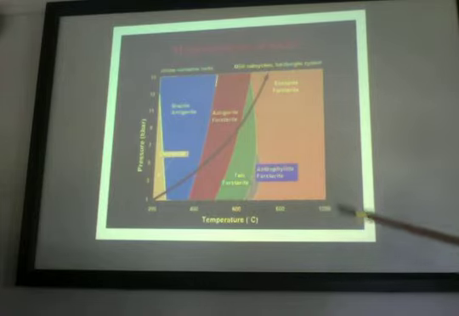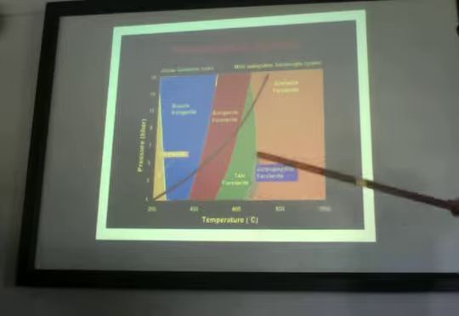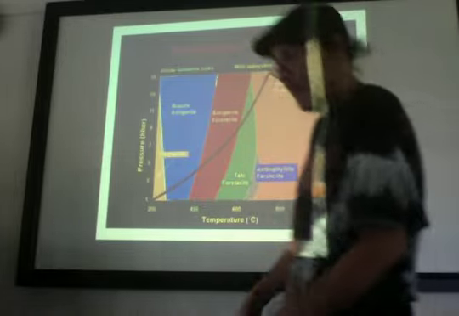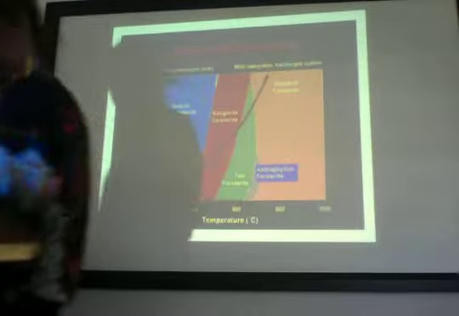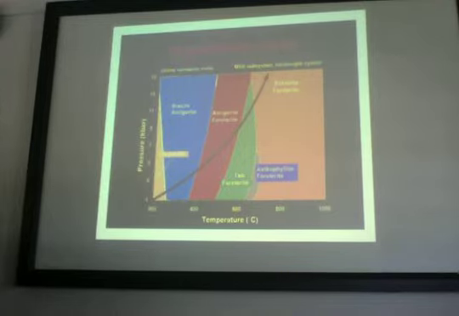Then along this curve our talc breaks down, it is reacting away, and you are forming anthophyllite. An anthophyllite is a double chain silicate, and the double chain silicate is an amphibole.